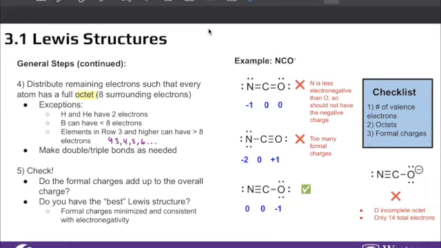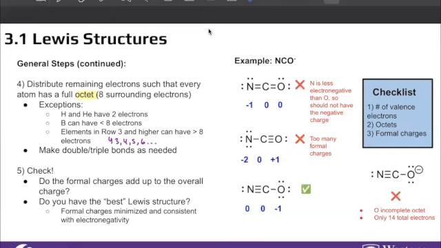And that's going to help us pick our best or most correct structure. So the first thing that we want to do is check our formal charges and see if they add up to the overall charge of the species. So you can see here I've already calculated the formal charges in blue, and our species has a -1 charge, so overall all of our formal charges should add up to -1. So you can see that's the case here, that's the case here, and -2 plus 1 also gives us -1, so that's good.